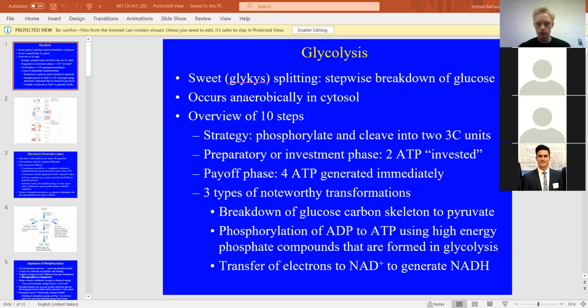Special features include the active site, the critical site groups, and the cofactors. I'll make mention of several special features of the enzymes. I don't think we'll have enough time to go through every single enzyme in glycolysis, because I want to review a little bit of chapter 15 as well.